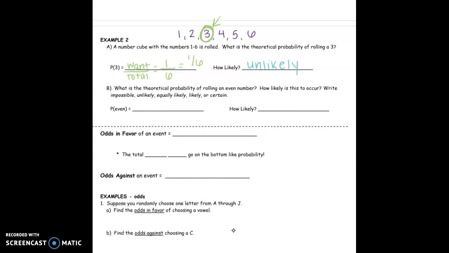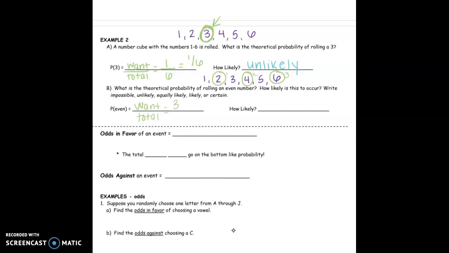So then it says, what is the theoretical probability of rolling an even number? So now let's list these out again. 1, 2, 3, 4, 5, and 6. What is the theoretical probability of rolling an even number? Even number would be 2, 4, or 6. That occurs 1, 2, 3 times. So the probability is what I want over the total.